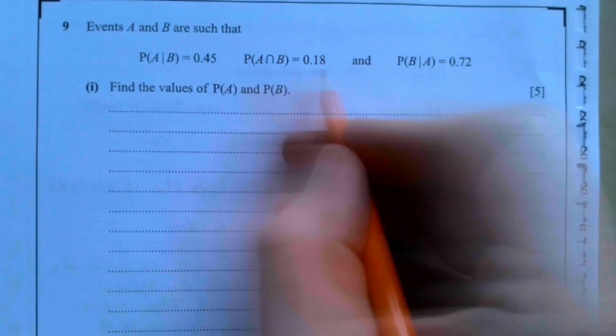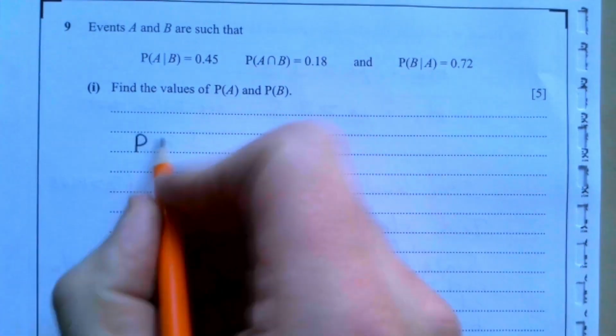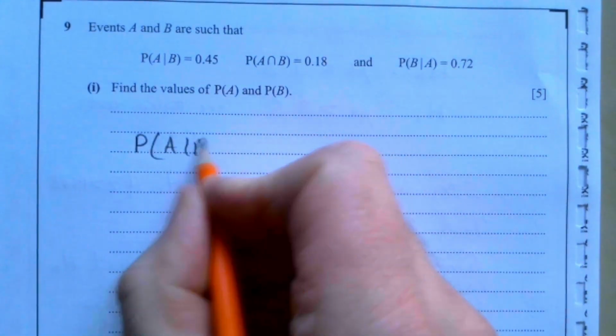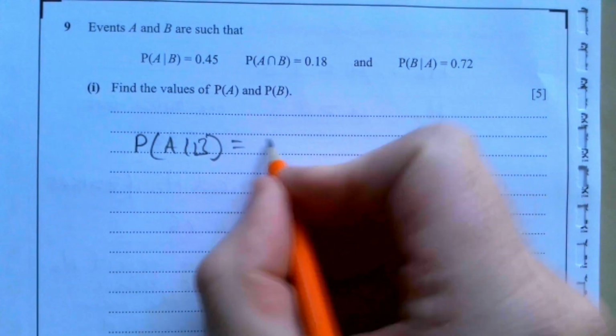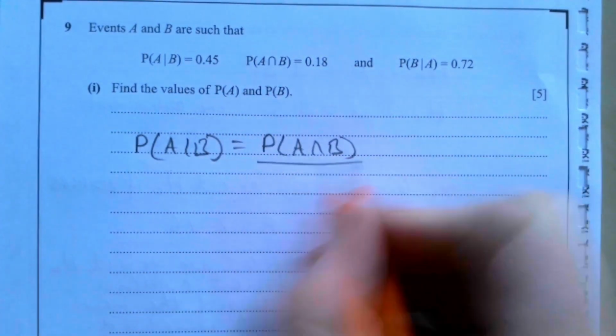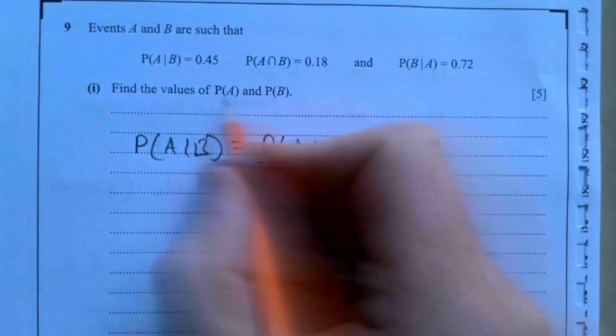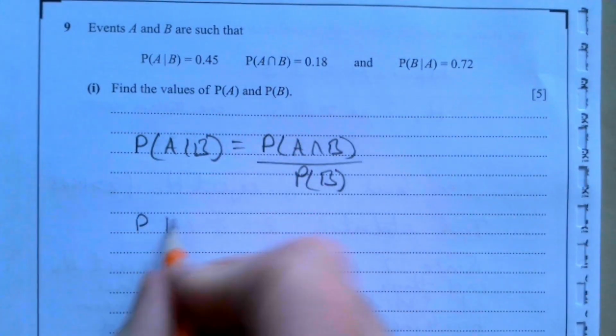So you're sort of given this formula in your formula booklet. I'm going to write a slightly different version of it. I know that probability of A given B is equal to the probability of A and B all over the probability of B. So we're asked for the probability of B here.